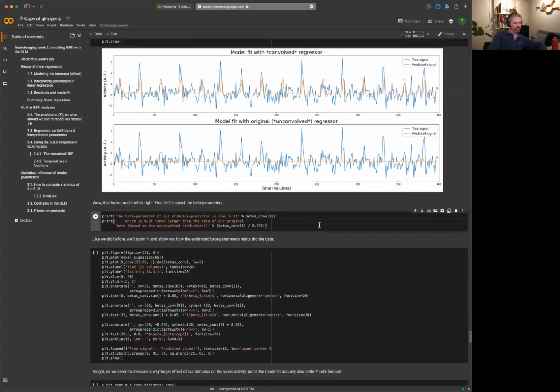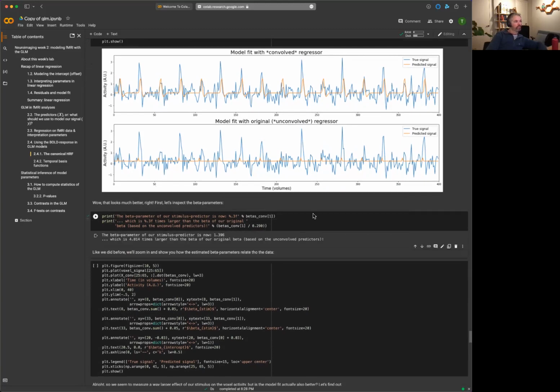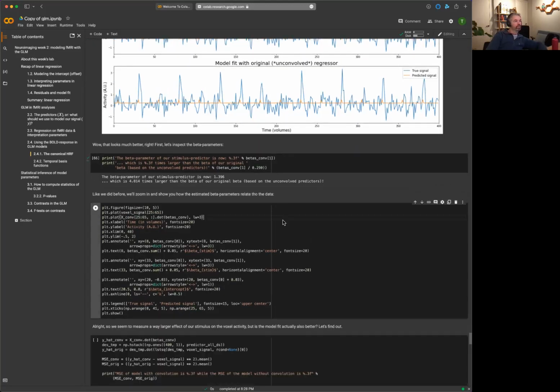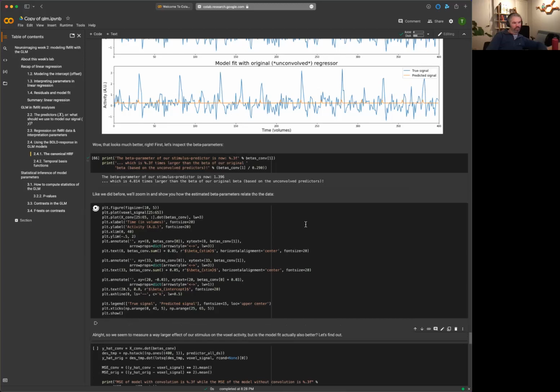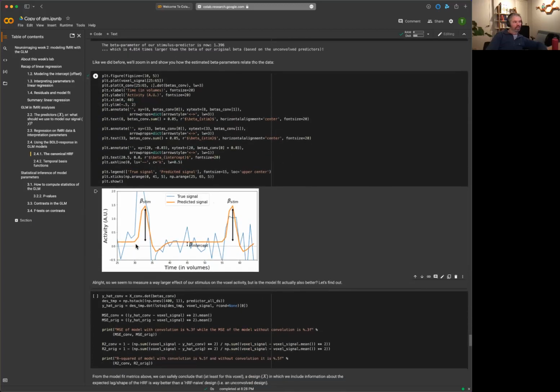So let's look at the beta weights. That beta weight just increased by a lot. So again, we're going to zoom in and inspect what we just did, right? Now we have a beta weight for our stimulus, and we have a beta weight for an intercept. And we are much better at explaining that time course shape that we see here.